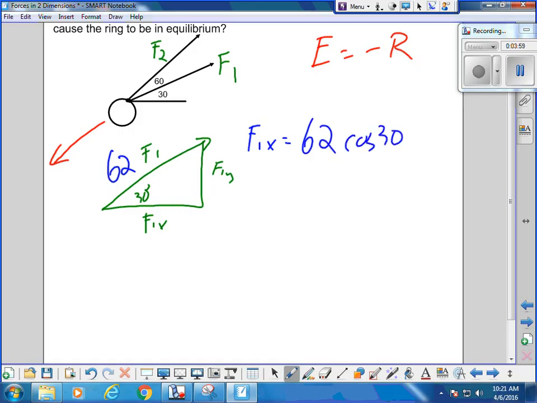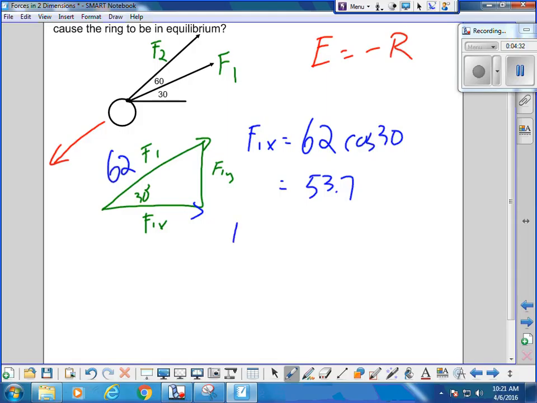I don't have enough room to go left and right, but that's how I like to do it. Make sure you're in degrees. 26.7 is good. And it's to the right, so it's going to be positive.